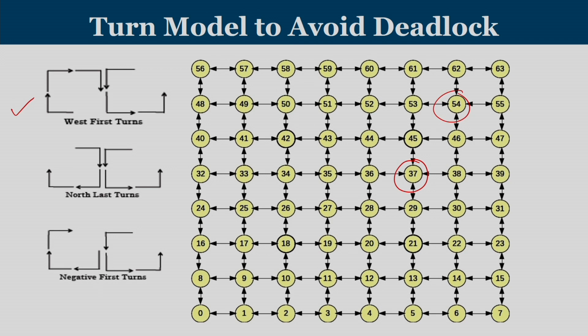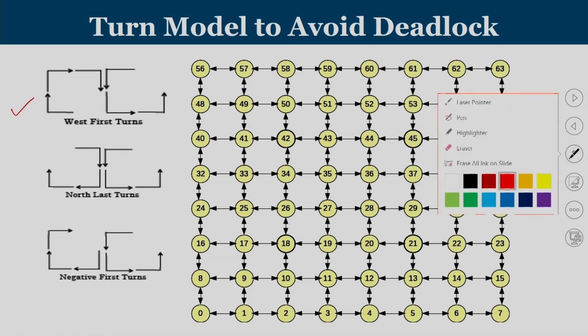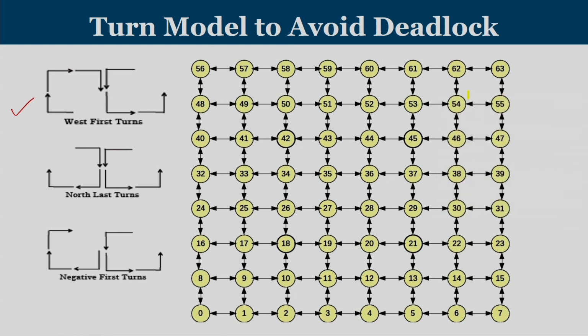Now, in this case 54 is the destination and 37 is the source. Under this scenario, since the destination is already on the east side, there is no need to travel towards west.